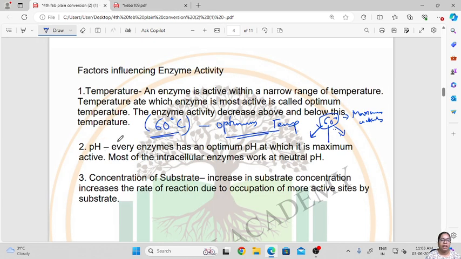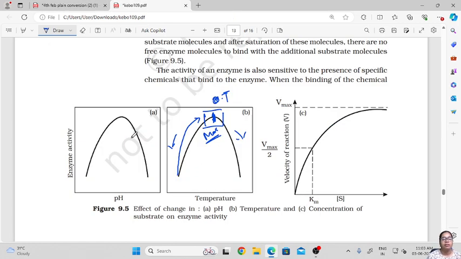Second is the pH. Every enzyme has an optimum pH at which it is maximum active. Most of the intracellular enzymes work at a neutral pH. Neutral pH, as in if the pH of the solution is 7. So 7 is the neutral pH. See over here, the pH is showing the peak, so I can say that this is the optimum pH.